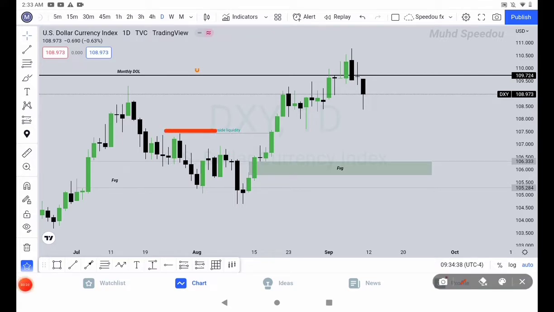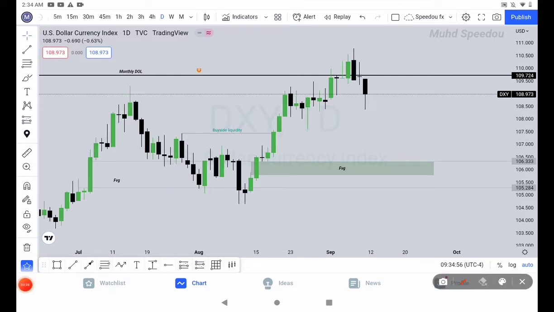It took out this buy side liquidity, and it also took out this buy side liquidity. If you check my previous YouTube analysis on the dollar index, you'll see where I explained this scenario. Price came all the way and took this buy side liquidity. It also took this buy side liquidity.